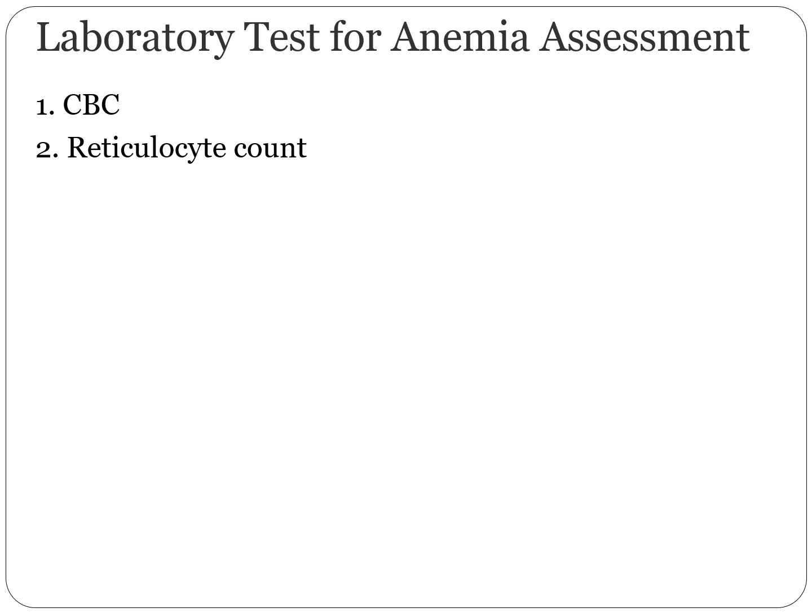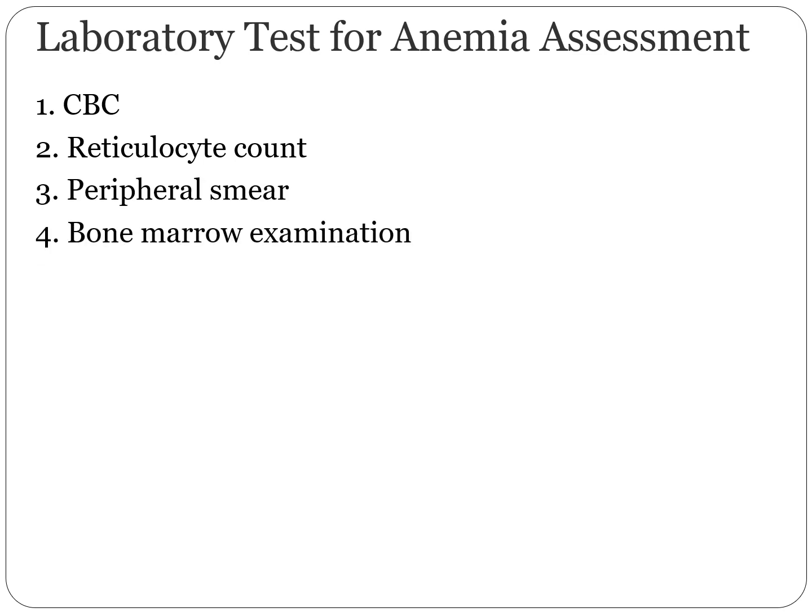Next is peripheral smear. So peripheral smear is important in the evaluation of an anemia. From the peripheral smear, we're able to check on the size, the shape, and the color, plus the inclusion bodies, whether that would be in your red blood cells or in the WBC.